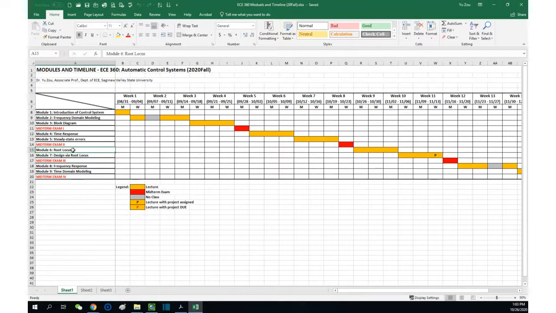Because it's not something very straightforward. So today's lecture is very important. And module 7, as I said, is design, and we are going to assign the project by the end of module 7. So if you understand module 6 well, it's very helpful for you to conduct the design project for module 7.